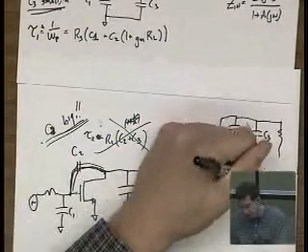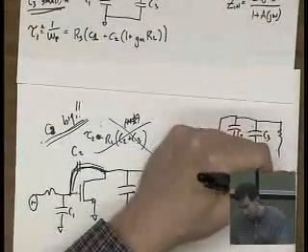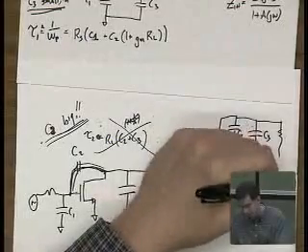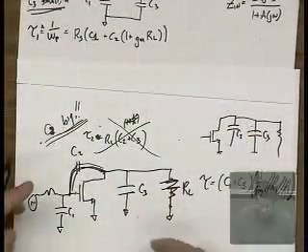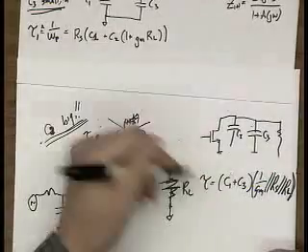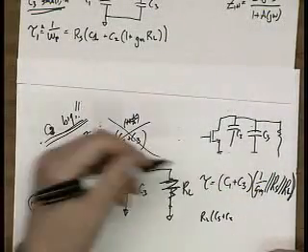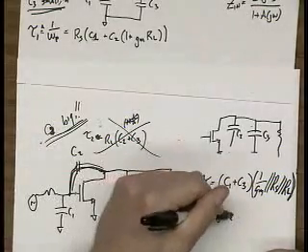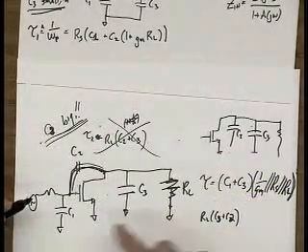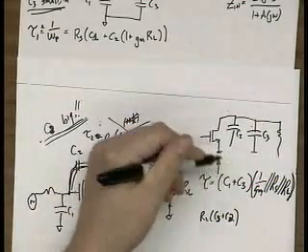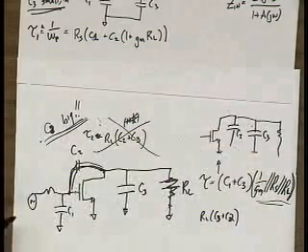It's actually 1 over gm parallel RS parallel RL. Versus what I had said before, RL times C3 plus C2. Now, C1 might be relatively big because there are lots of other things hanging off that node. So your capacitance might go up, but your output impedance goes down quite a bit.